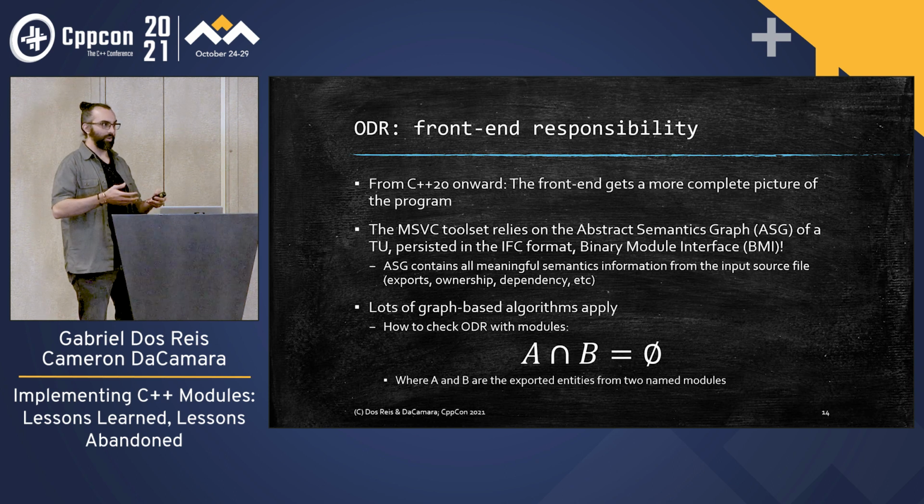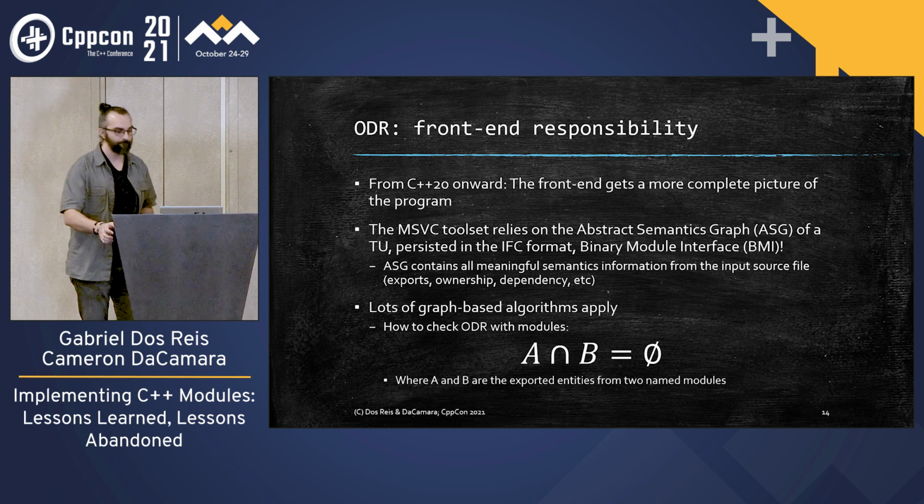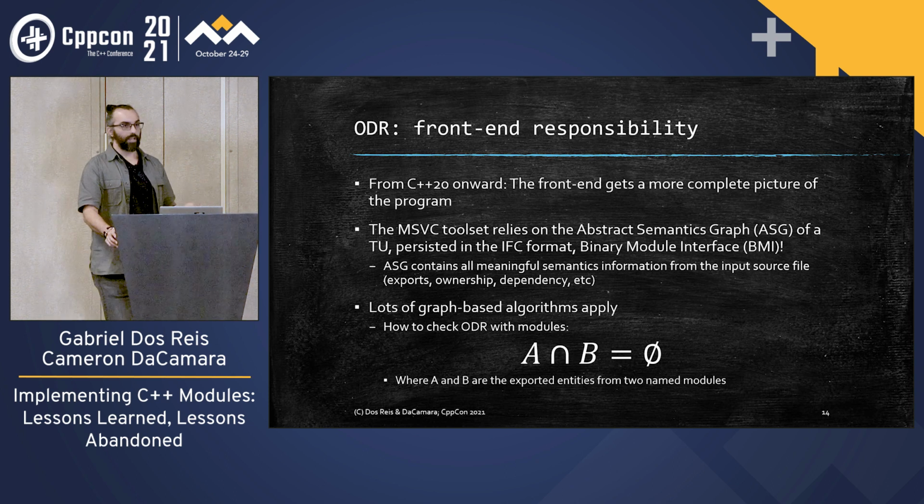Otherwise, if it comes up with something in it, then all of those entities are conflicting in ODR in some way. So the front end can do this, and you don't even really need a compiler to do this, because the IFC is a graph on disk. You could take some third-party application and check for ODR amongst all your IFCs on disk. You don't even have to compile your code anymore.